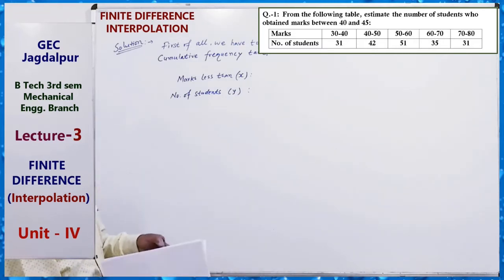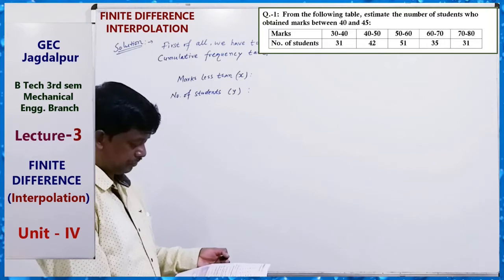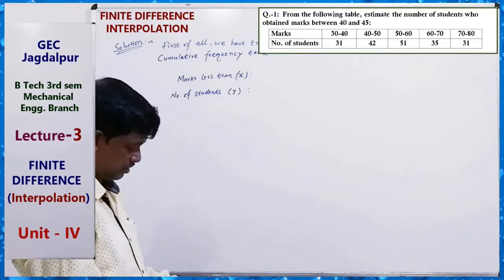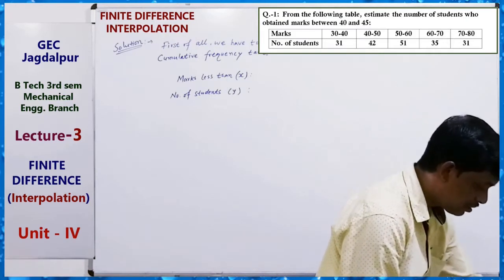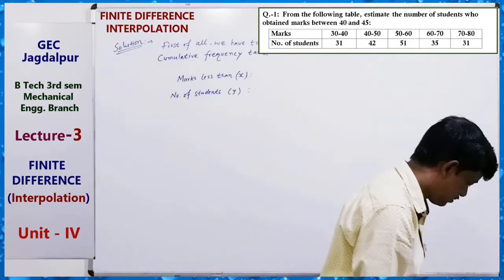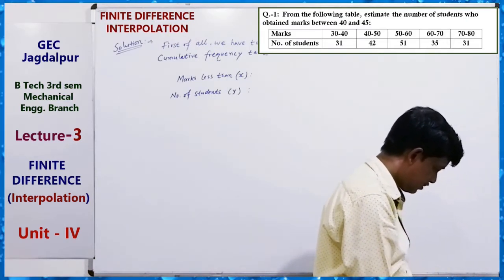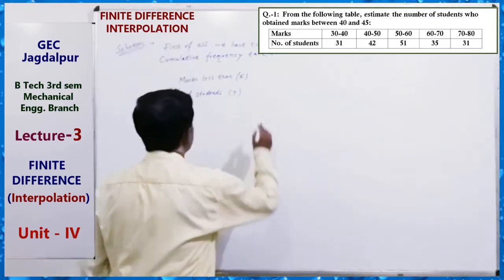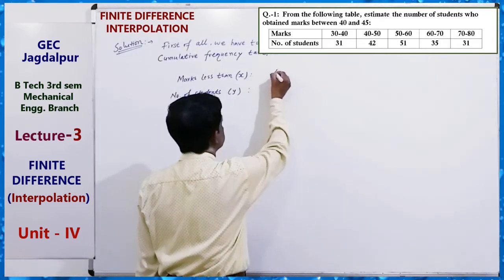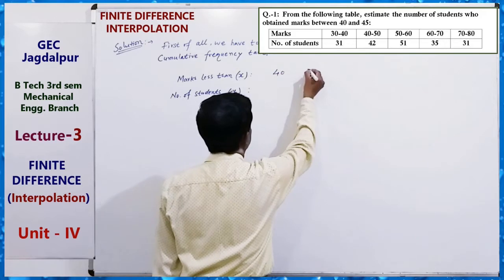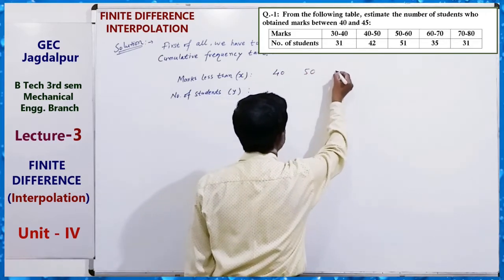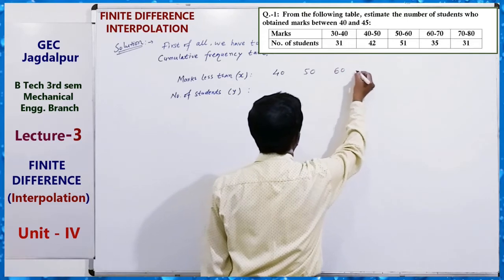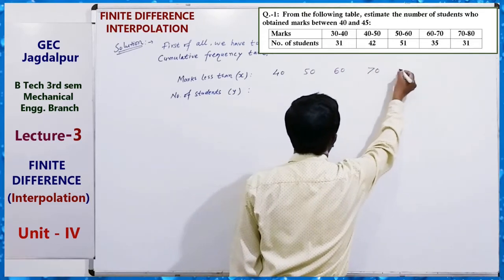So data is what? 30 to 40 means 40, 50, 60, 70, 80.